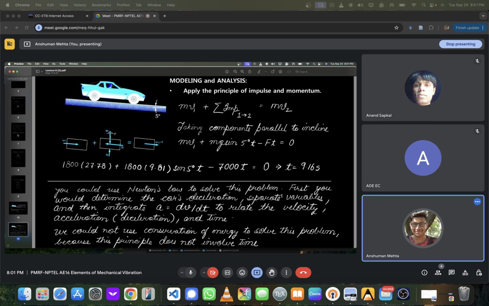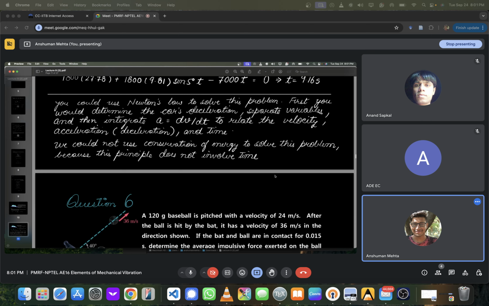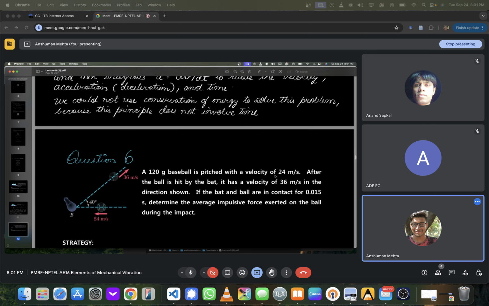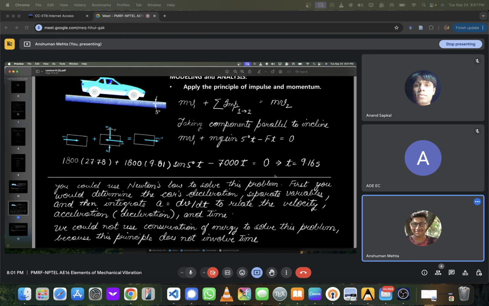Then we have to separate variables, and then integrate.